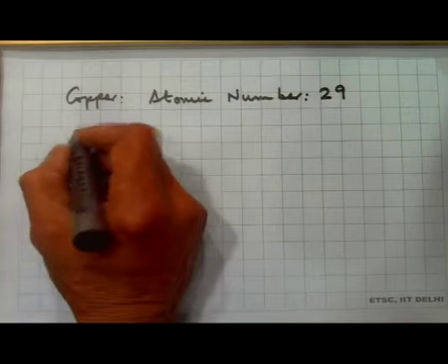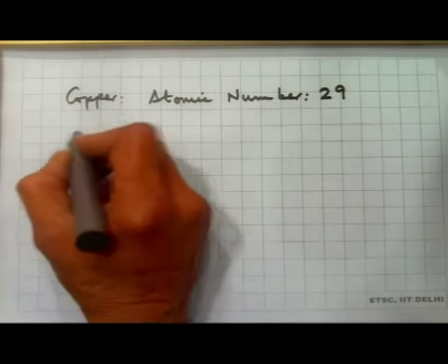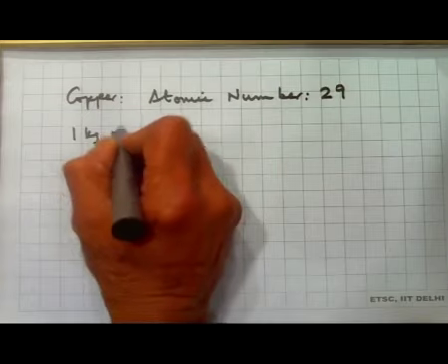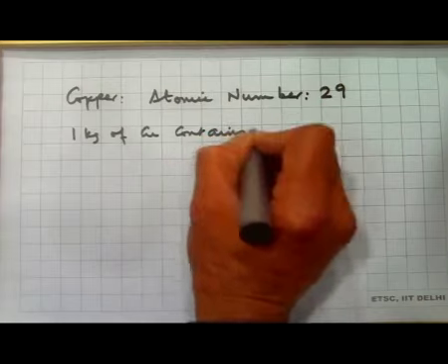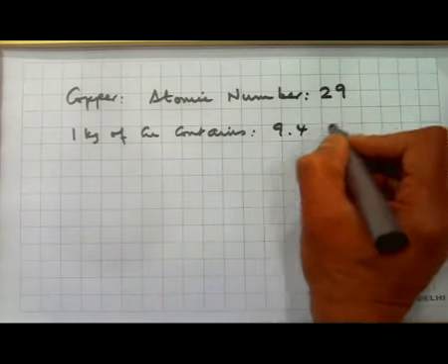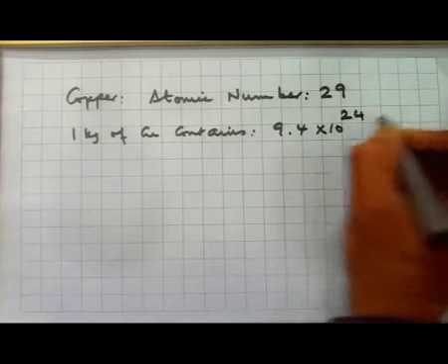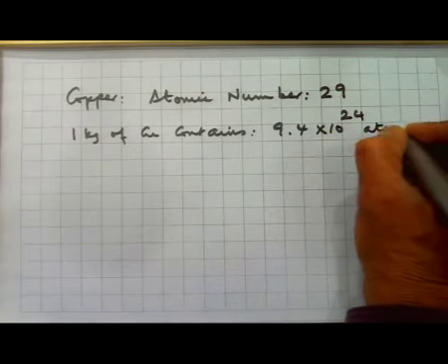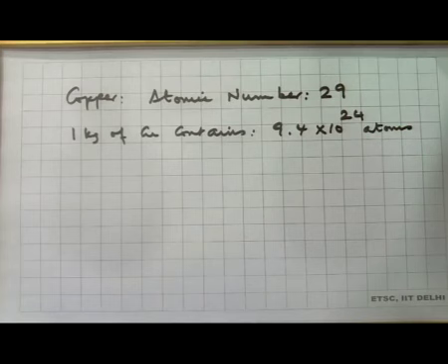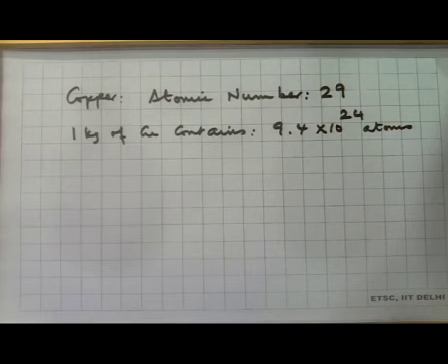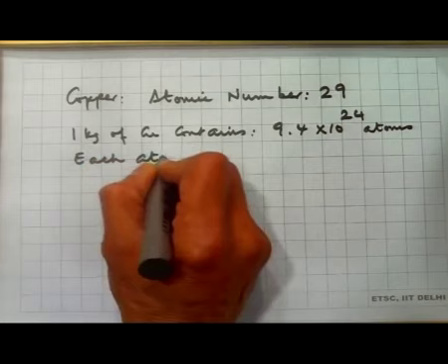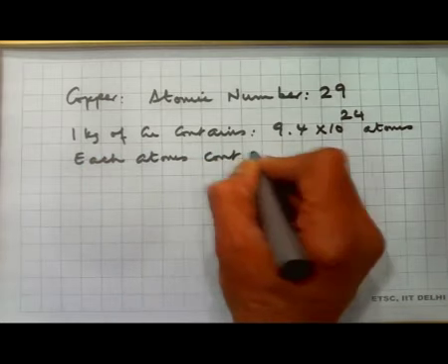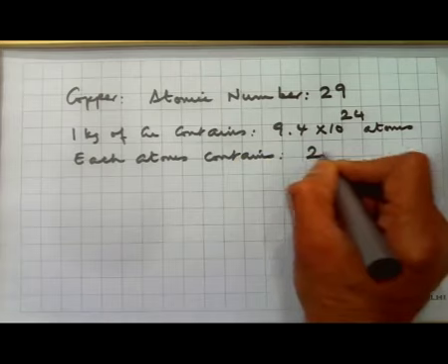Now, you can go back and calculate that 1 kilogram of copper contains about 9.4 into 10 to the power 24 atoms. Each atom contains 29 electrons.